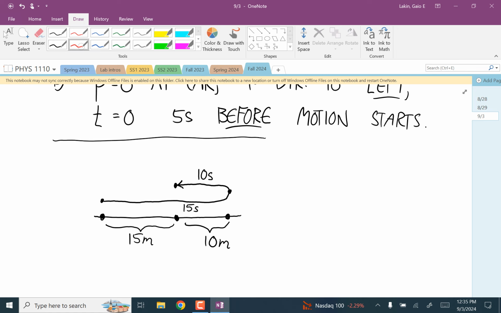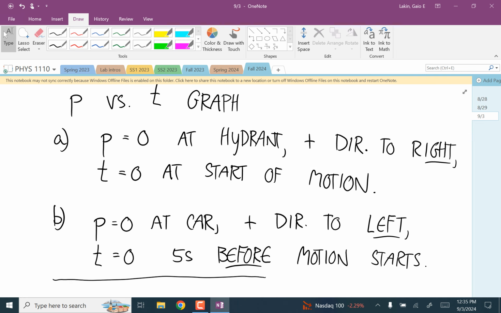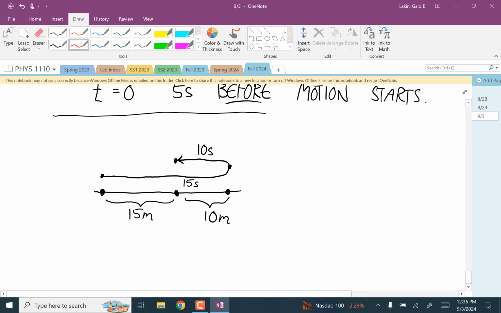But now in red, I'm going to go through and choose the 0 position, the positive direction, the 0 time. Let me do time first. For part A, it says time equals 0 is at the start of the motion. So right when the person starts walking, the time is 0.